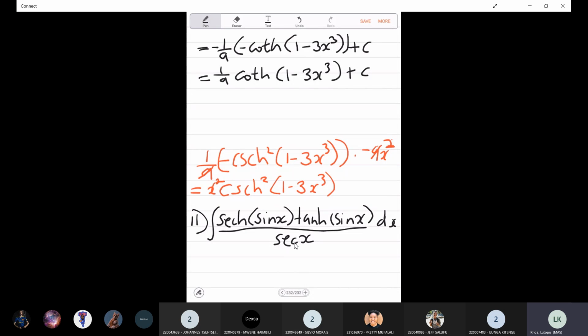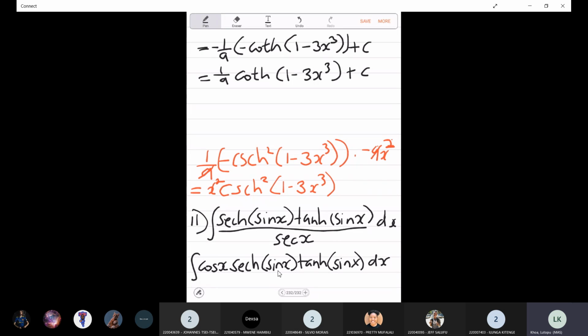You need to remember that if sec of x is in the denominator, you can always bring it up to the numerator, and 1 over sec of x is cos of x. So what we're actually integrating is cos of x, hyperbolic sec of sine of x, tan hyperbolic of sine of x dx.